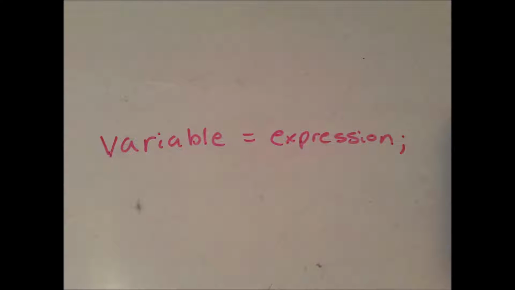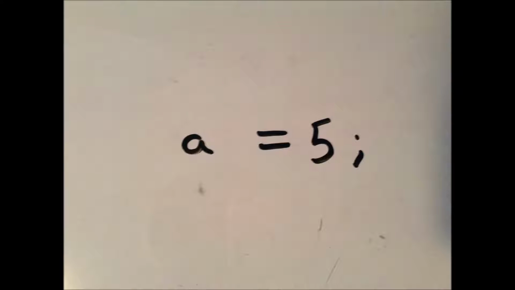The assignment statement has the following basic syntax. Variable equals expression. The assignment operator assigns the value of the expression on the right to the variable. This is not the same as saying a equals 5, but it's more like a receives the value of 5.